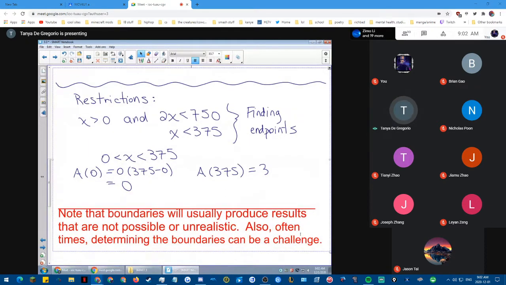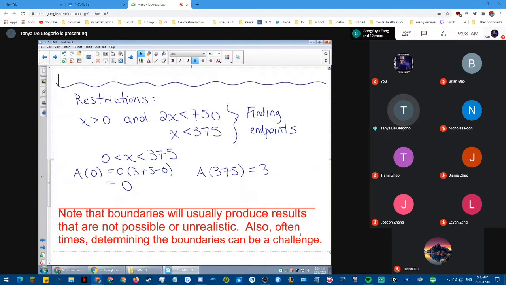Note that boundaries will usually produce results that are not possible or that are unrealistic. Also, oftentimes determining the boundaries can be a challenge. So not so much in cases like this, but once you start getting into volume, where you're going to start having cubic dimensions, then boundaries can be a challenge.